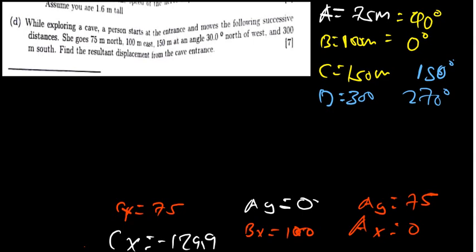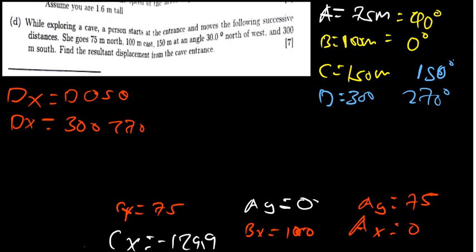We have dx. It's going to be d cos theta. D is 300, cos 270. We don't have any cos in the y-axis, so here we're going to get a 0.